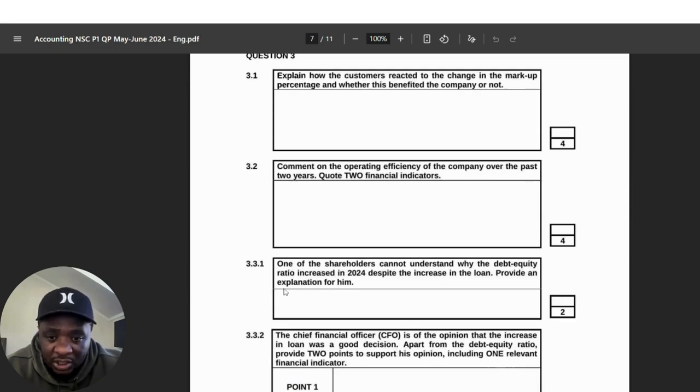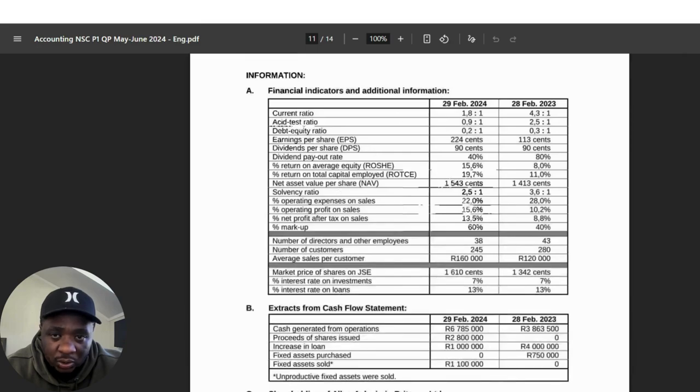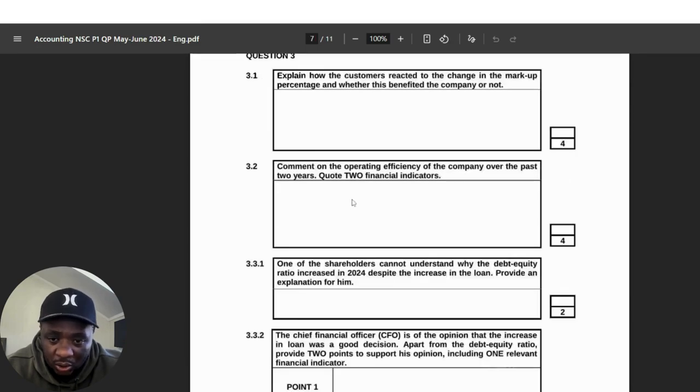All right, in the next question, I'll actually use this and then I will use this one to look at the ratios. So now looking at the answer book again, it says one of the shareholders cannot understand why the debt equity ratio increased in 2024 despite an increase in loan. Provide an explanation for him.